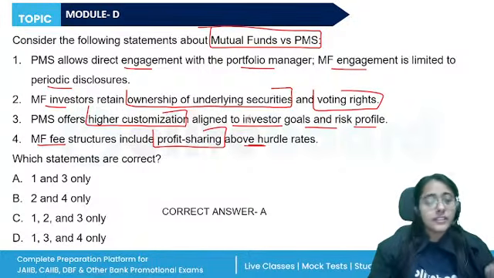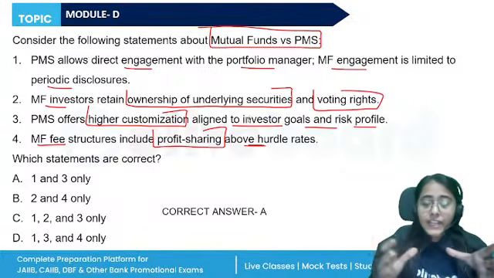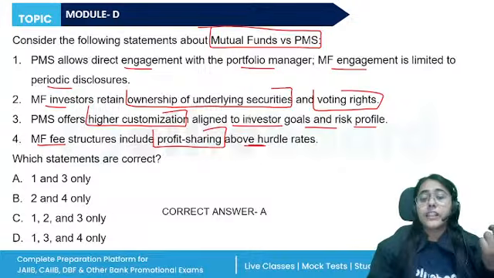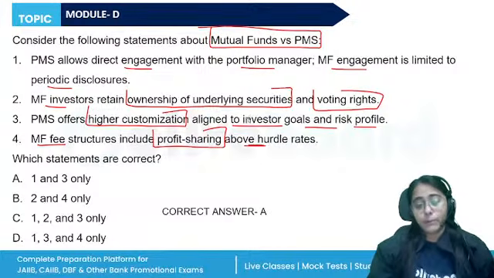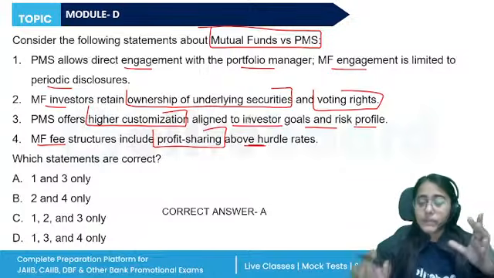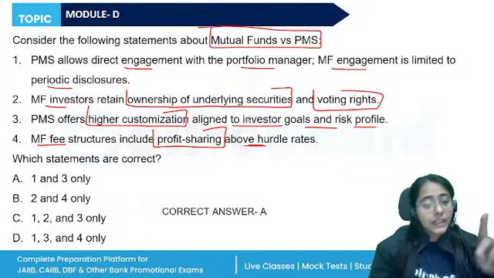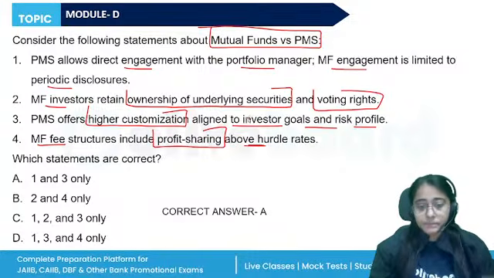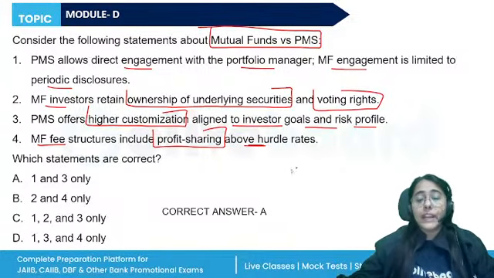Fee structures: the mutual fund charges a fixed fee, the entry and exit load and annual expenses. Portfolio managers also demand a share in the profit. Asset ownership: the investor retains direct ownership in portfolio management, but in mutual fund, the investors only get the units. Okay, there's also an important point.